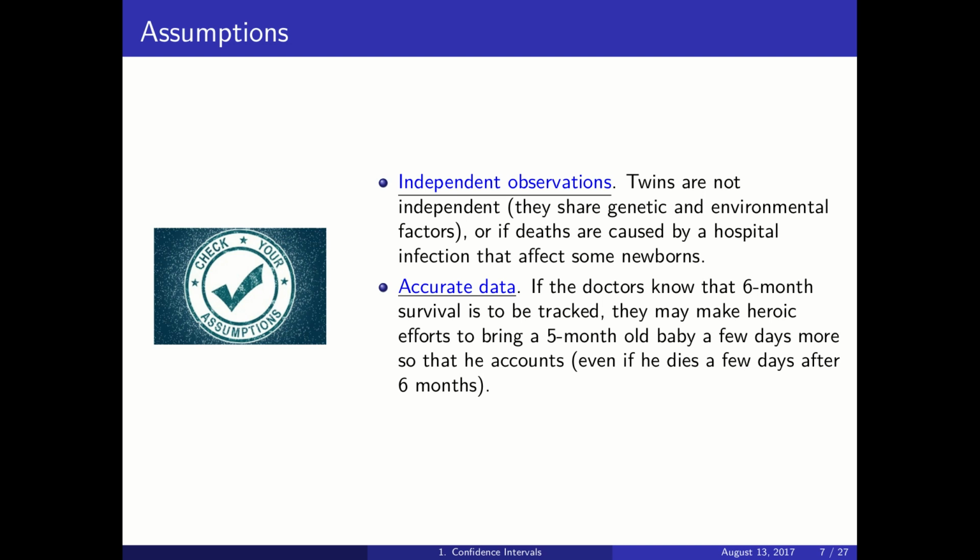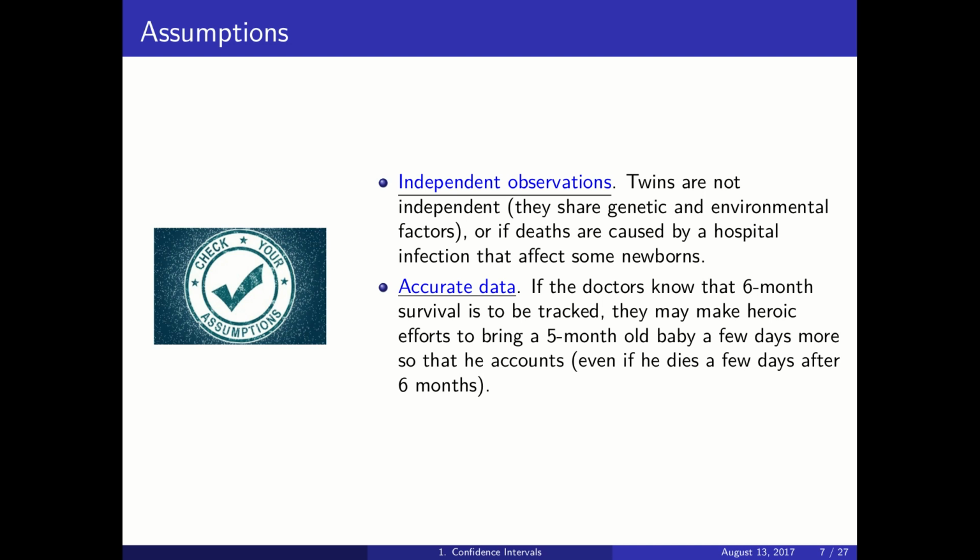And when we construct the confidence interval, we are also assuming that the data is accurate. So for instance, if the doctors know that 6-month survival is to be tracked, they may make heroic efforts to keep a 5-month-old baby alive a few days more so that he counts, even if he dies a few days later after these 6 months.